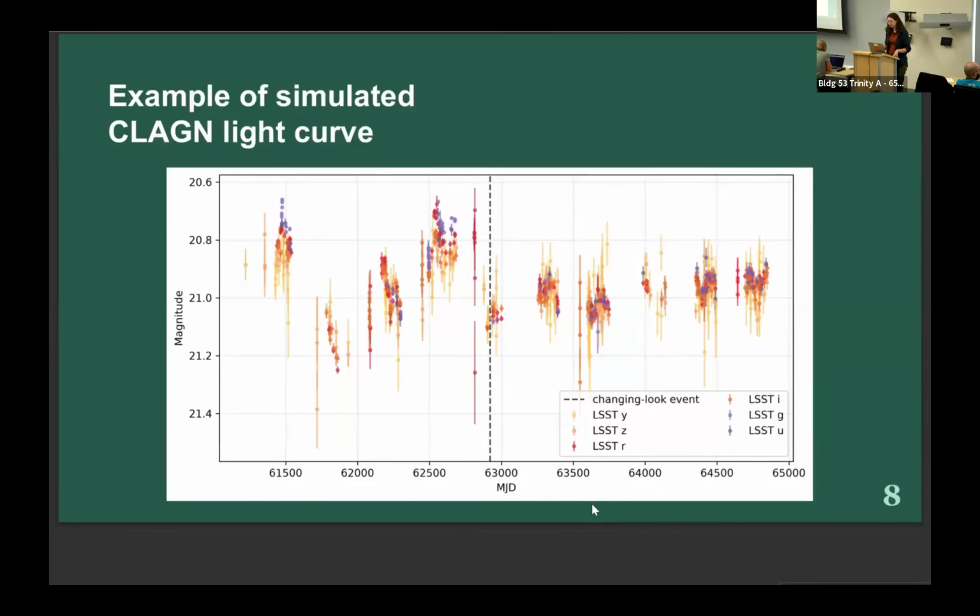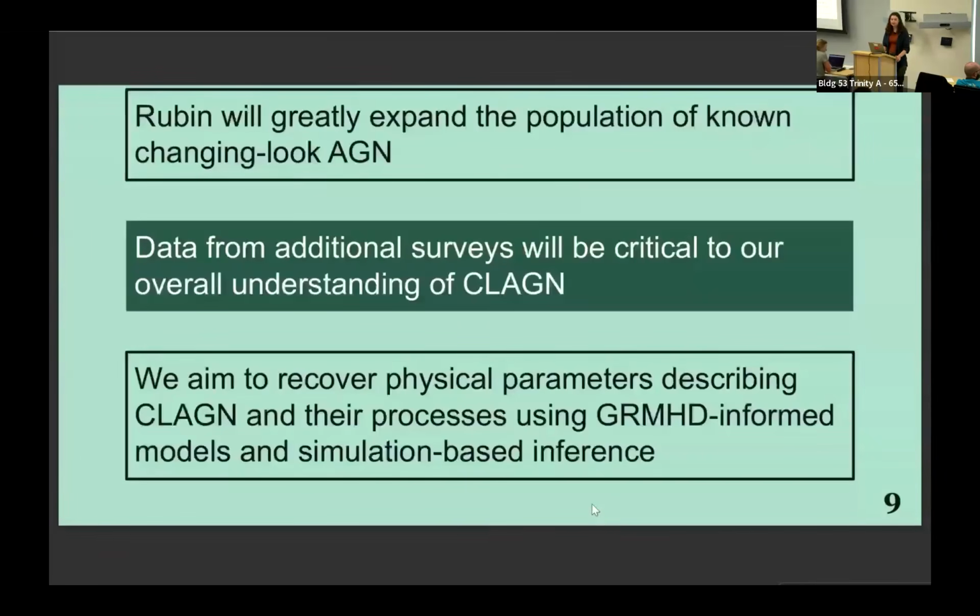So hopefully using these simulated data for lots of different surveys for changing look AGN will help us train these classifiers to then use on real survey data and identify changing look AGN. I will leave with a couple points.